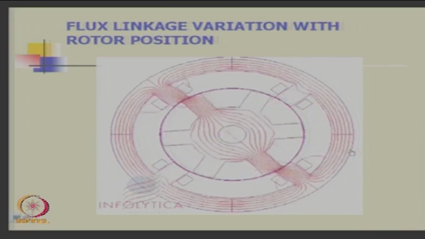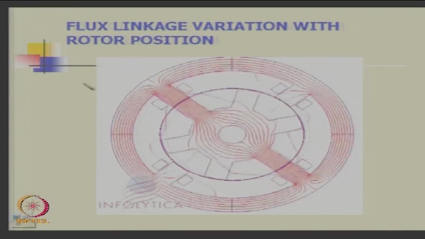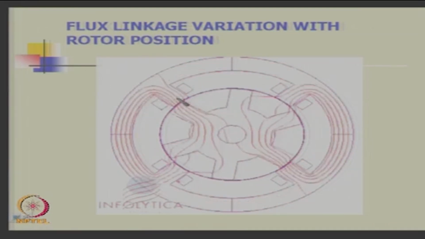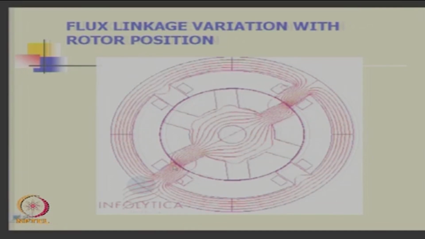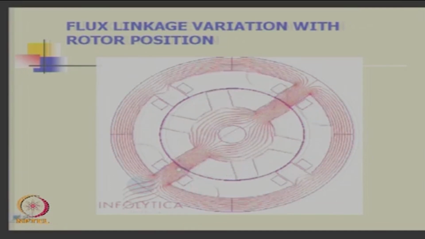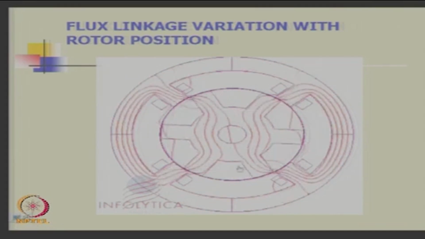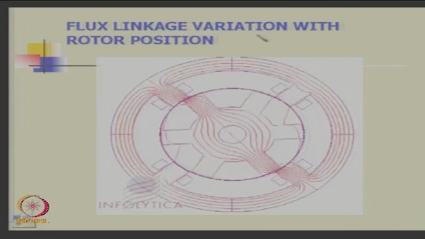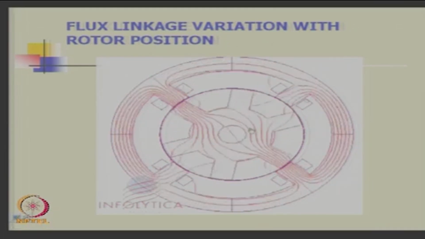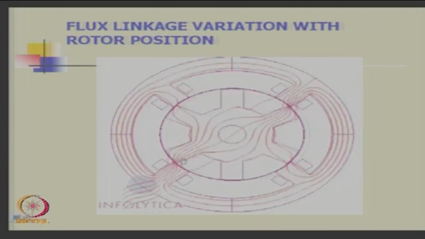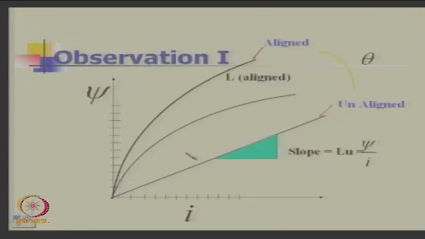Here this is excited. Now this has aligned, now it has come to maximum flux. So, you can see how the flux linkage is varying with rotor position, and you will have a different position.